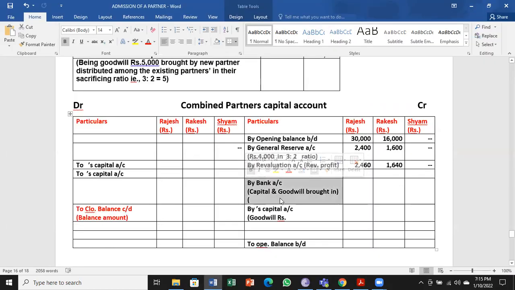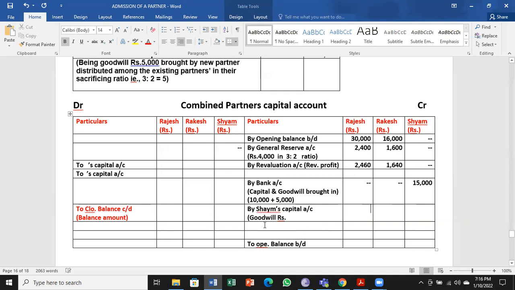The entry will be by bank account, capital and goodwill brought in 10,000 plus 5,000, total amount brought in by the new partner, 15,000. Out of that, 5,000 is the goodwill. That 5,000 to be shared among partners.